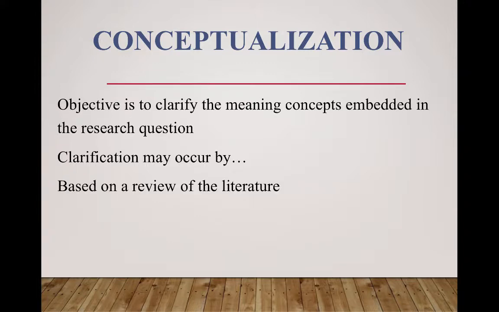Of course, this is based on the lit review. You're going to conduct a literature review to find out what previous research studies have found about your particular variables or your particular theoretical approach. As a result, this is going to help you structure your own research study.